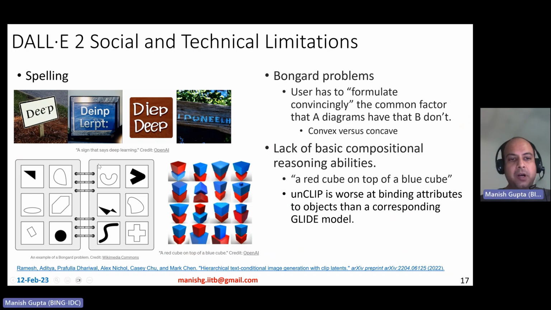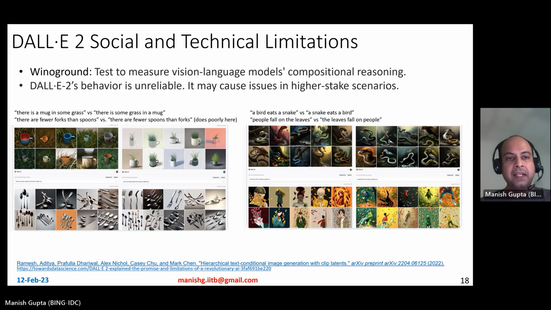If you look at these kinds of problems, they are called Bongard problems, where the user is given two sets of images, set A and set B, and the user has to formulate convincingly the common factor that A diagrams have, but the B diagrams don't have. For example, in this Bongard problem, the idea is that set A images are all convex shapes, while set B images are all concave shapes. However, DALL-E 2 is not really good at understanding and making sense out of these kinds of problems.